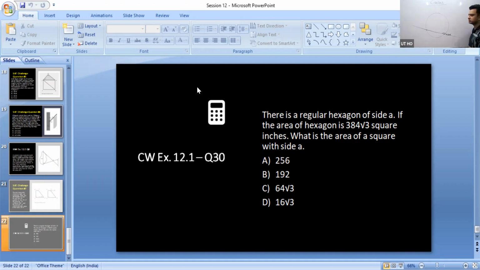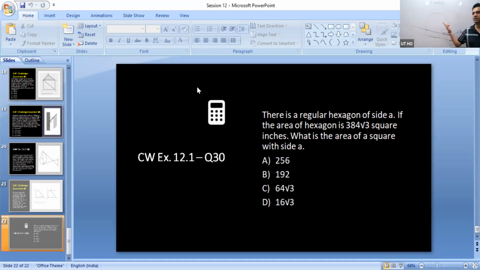This is called, anyone? Secant. Okay, like tangent, we have secant. If it is touching at one point, it is called a tangent. Okay, so this cuts at 2 points.